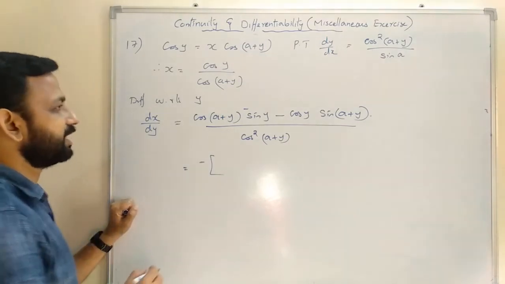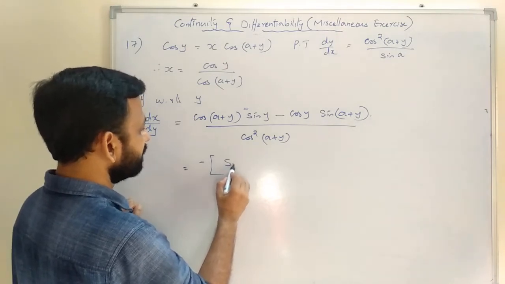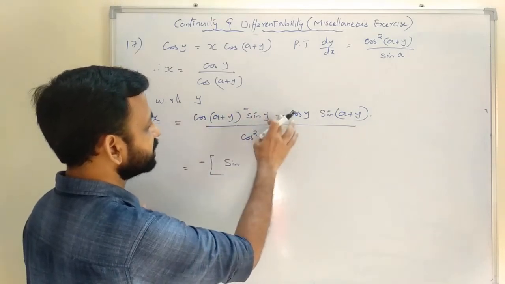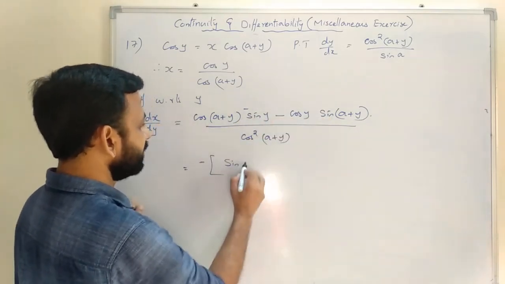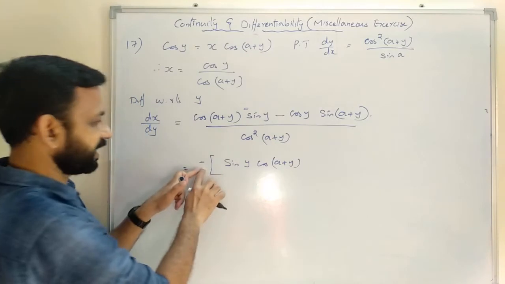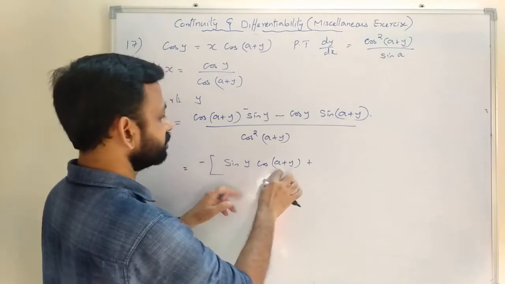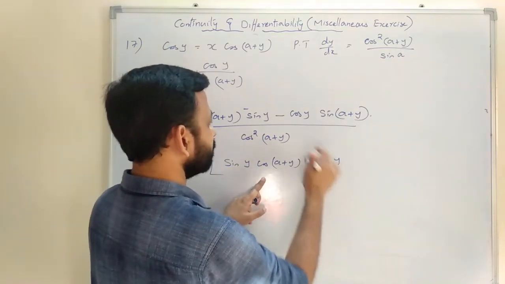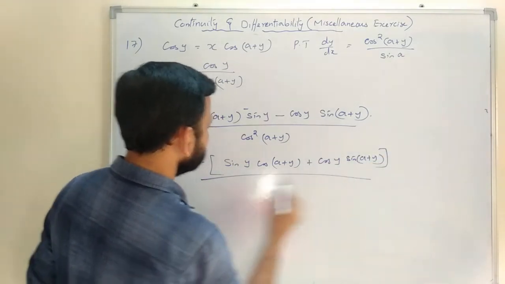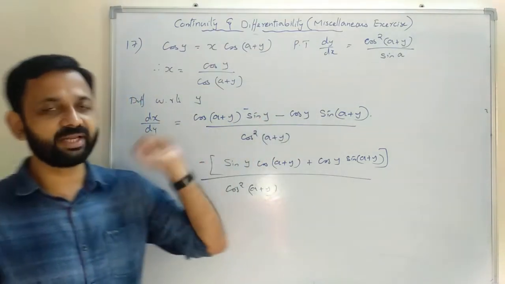So when we take minus sin outside and rearrange this, we will get sin a cos b plus cos a sin b form. Sin y cos a plus y plus cos y sin a plus y, divided by cos square a plus y.